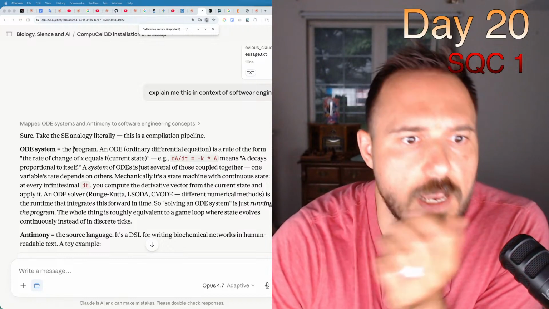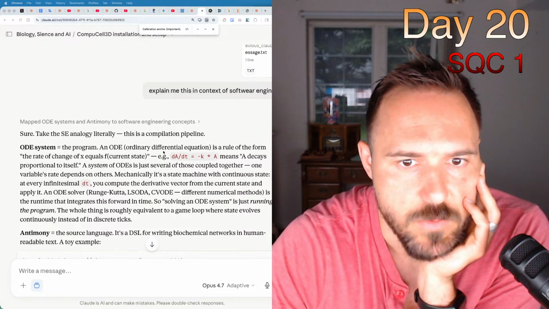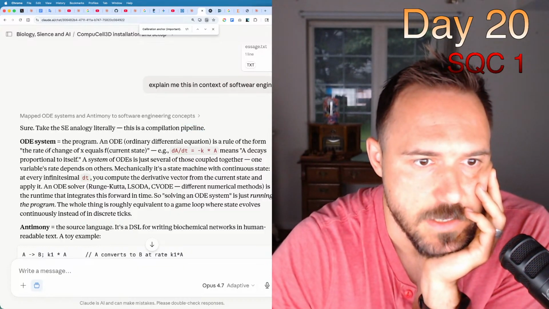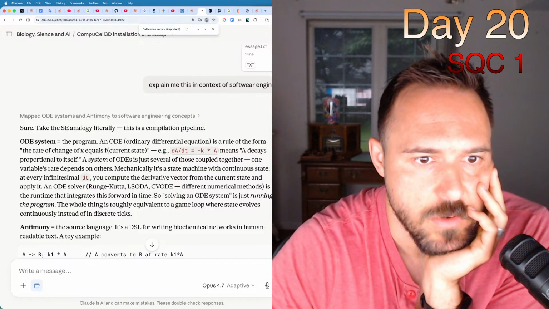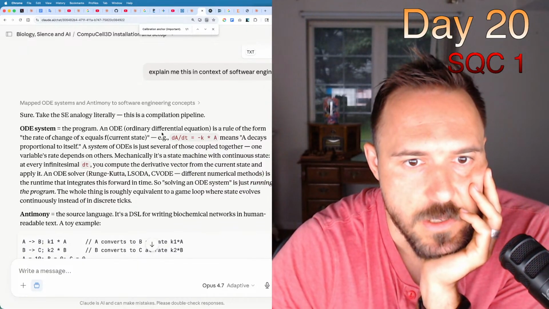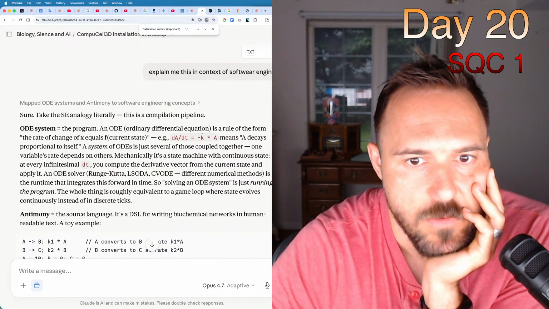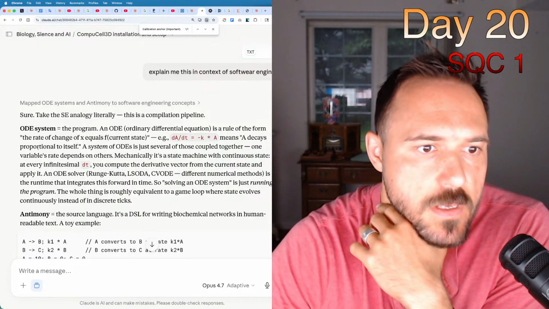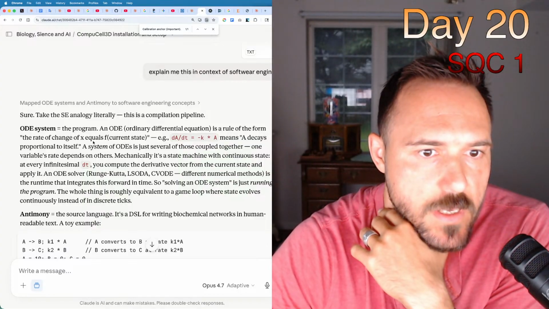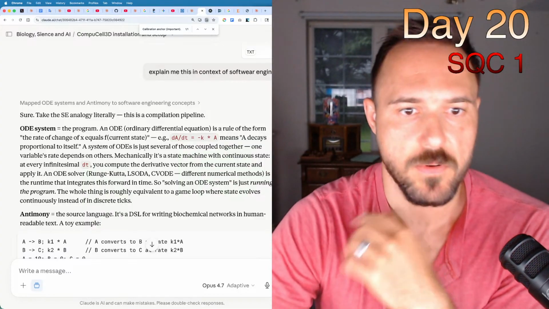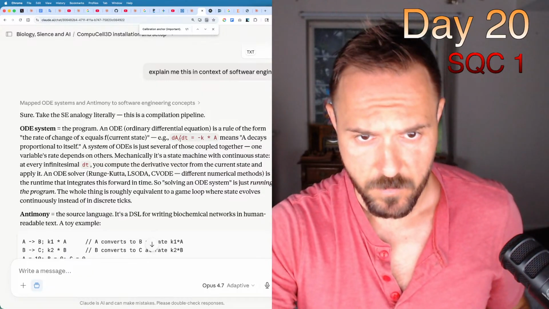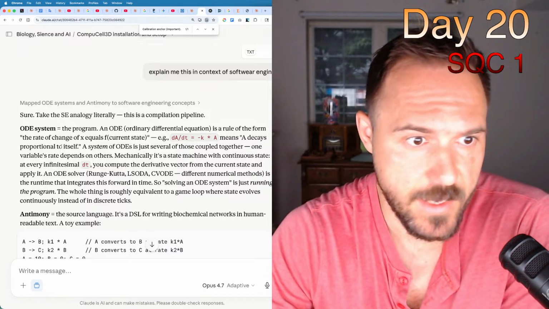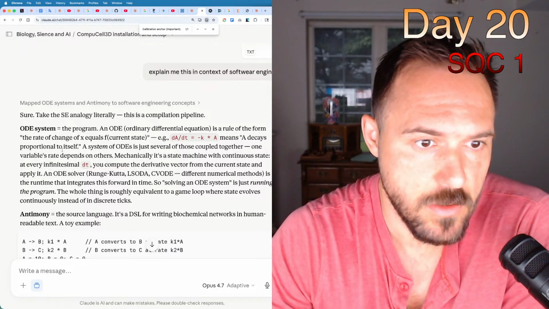Sure. The software engineering analogy is literally a compilation pipeline. The ODE system equals the program. ODE, ordinary differential equation, is a rule of the form: the rate of change of x equals f of the current state. dA/dt = -k·A means A decays proportionally to itself.